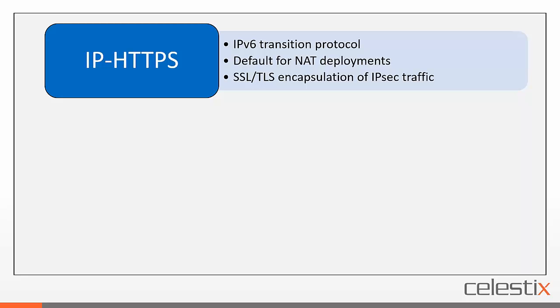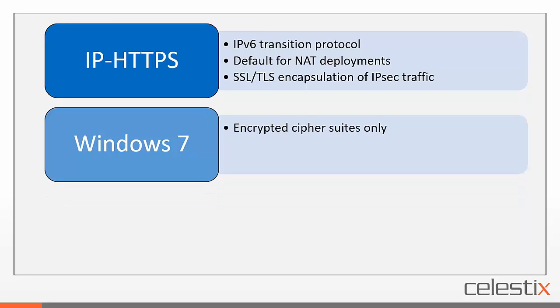So we're taking IPsec encrypted traffic, and then we're encrypting it again using SSL and TLS. Windows 7 clients don't offer any support for null encryption cipher suite, so they use encryption for that SSL TLS tunnel. It's not really necessary because when we're double encrypting here, it introduces a very high protocol overhead.